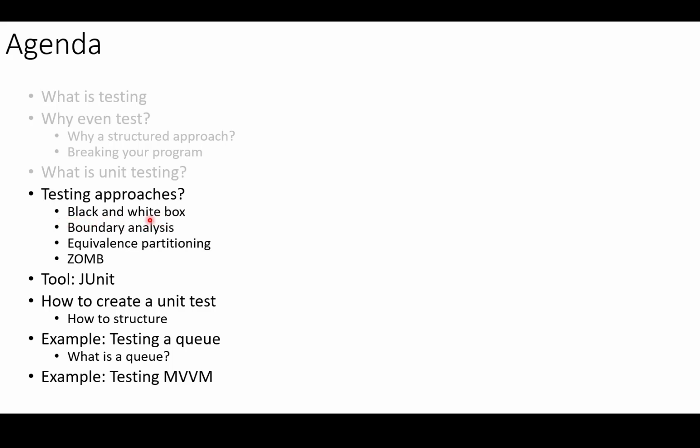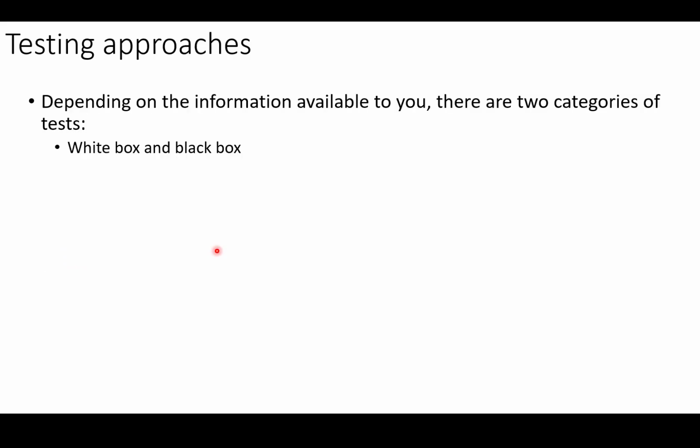Most tests can be done with either a black or white box approach. And we have something about boundary analysis and equivalence partitioning, and something about ZOMBIES. This is actually ZOMBIES, so there's an I-E-S, but the I-E-S is sort of fluffy, so we'll focus on this part. So that's the next step.